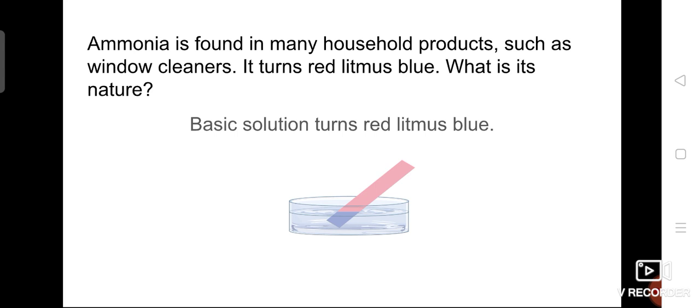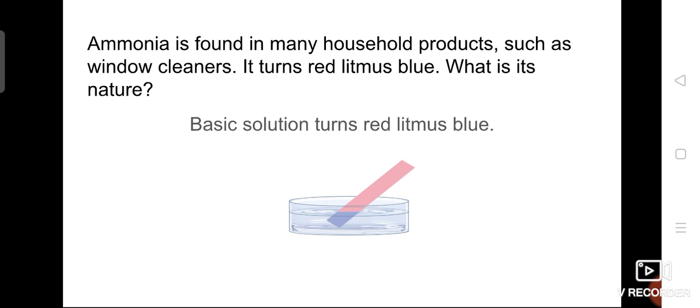Okay, question number 2. Ammonia is found in many household products such as window cleaners. It turns red litmus blue. What is its nature? In window cleaners, that is, for cleaning the window, we use some liquids, and one of the ingredients given here is ammonia.